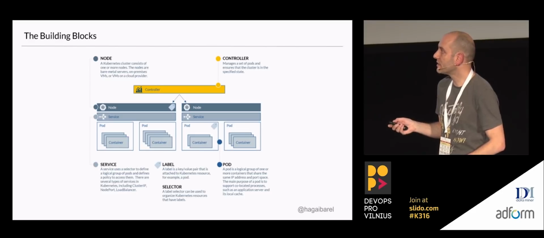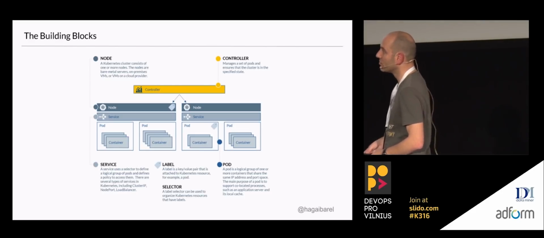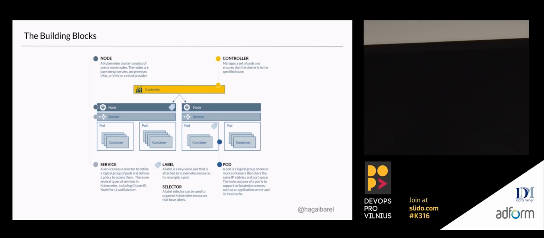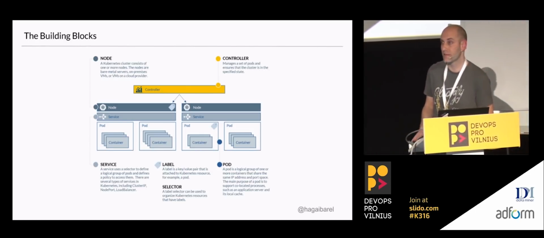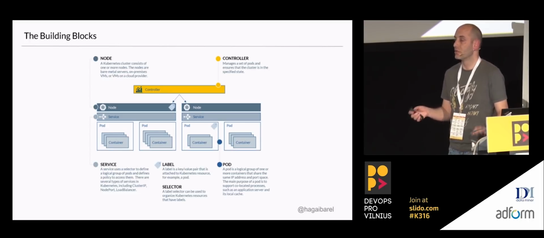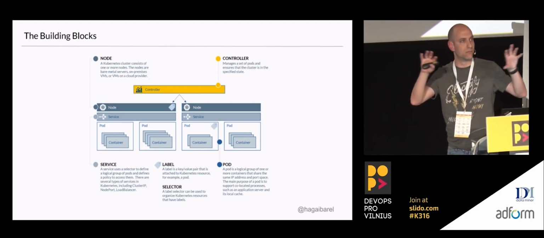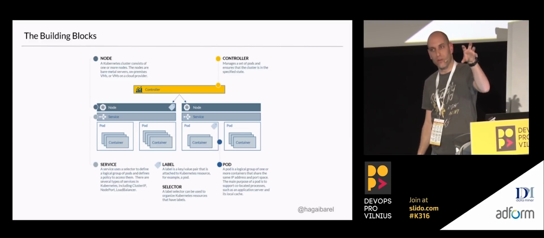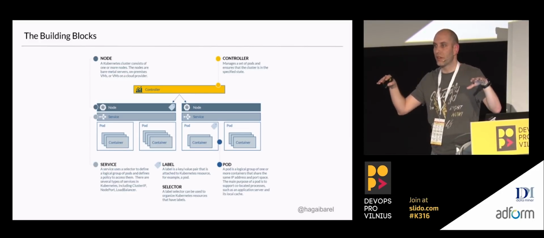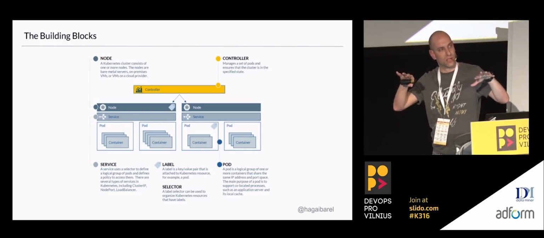And the service is a kind of abstraction, which is difficult to explain in 5 minutes, but you can think of it as a load balancer. A service will group a bunch of replicas of the same pods. Let's say I have my web server and cache pod, and we have 5 replicas, and I want to route the traffic evenly to each of these 5 replicas.